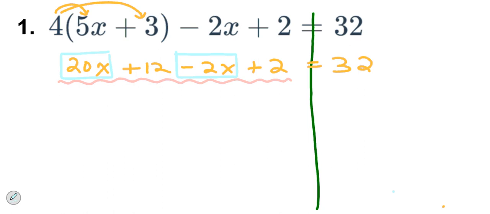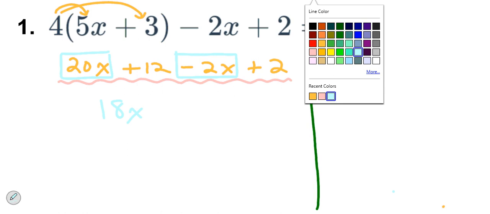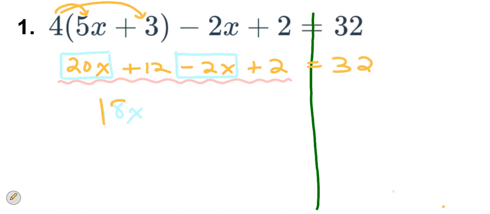So remember how Beyonce said to the left, every term, look to the left. I don't know, that's not really what she said, but she did say the left part. So that's really a negative 2x. So I'm going to go ahead and say 20x minus 2x. So I had 20 x's, and I subtracted 2 x's. How many x's do I have altogether now? I have 18x. Oh, we cannot see that, so let's go back to the orange. So we'd say 18x. All right, we're done with the x's.